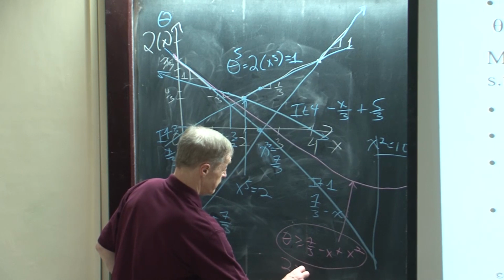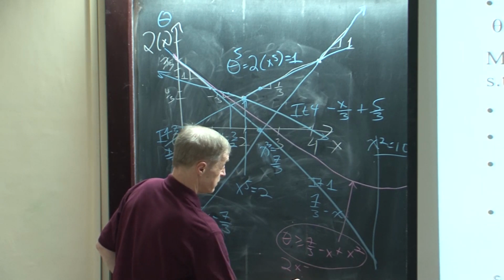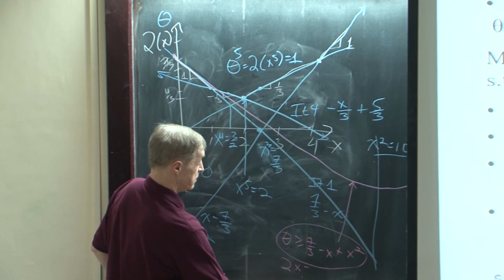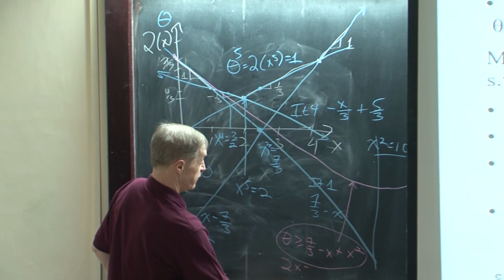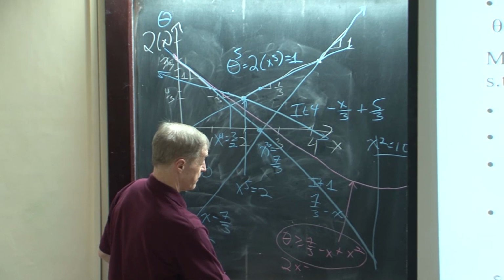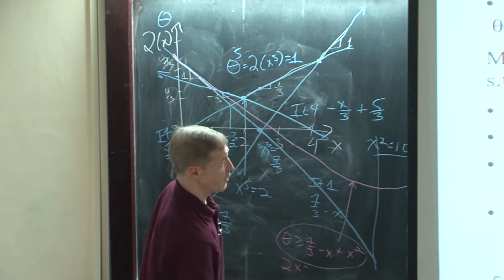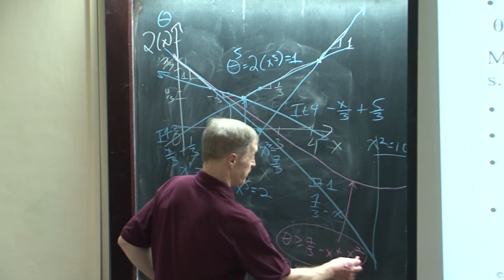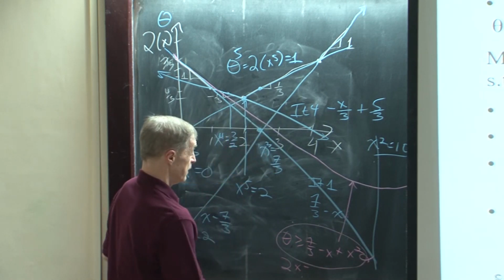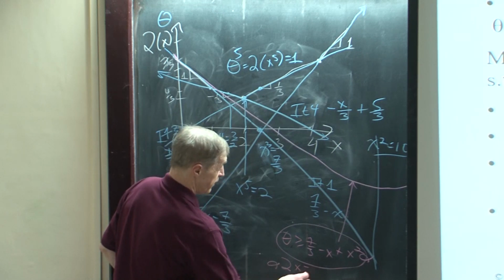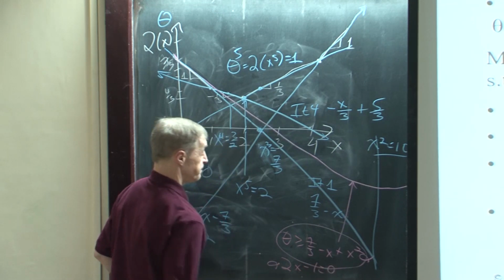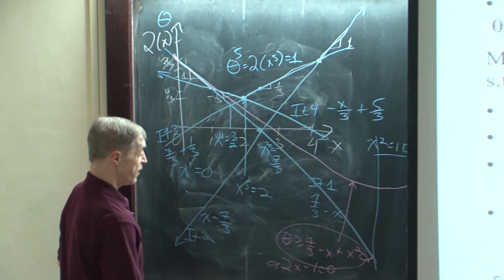I get 2x, theta is greater than or equal to that. It's times alpha, times some alpha. So I'd have 2 alpha x minus 1 equals 0.